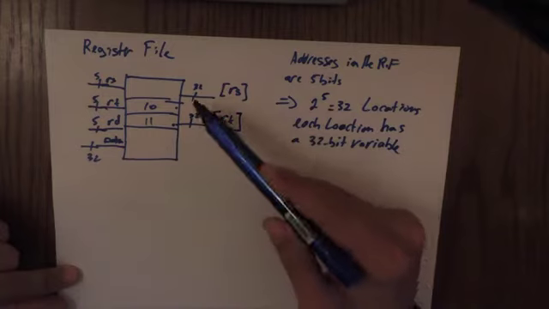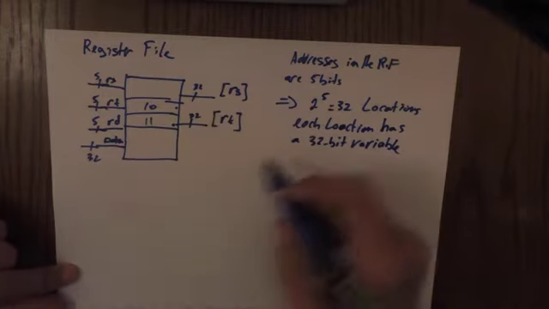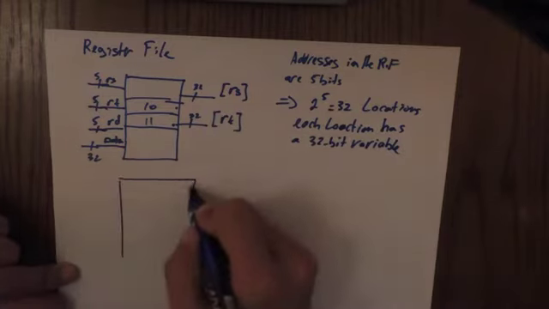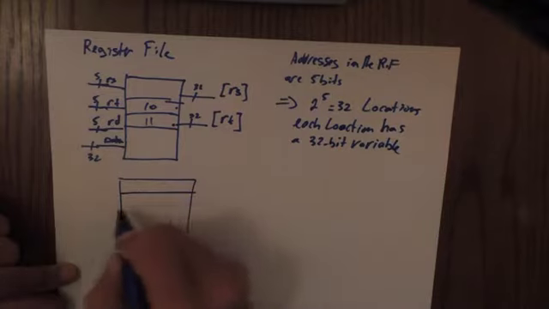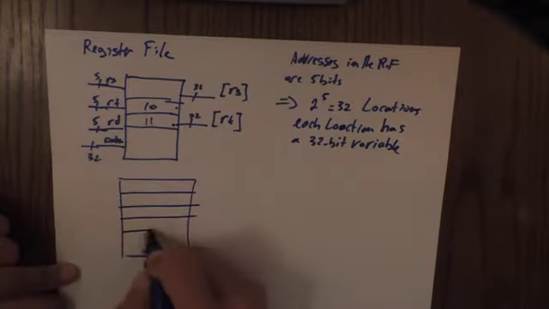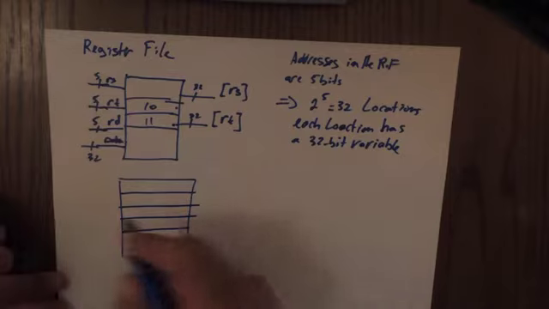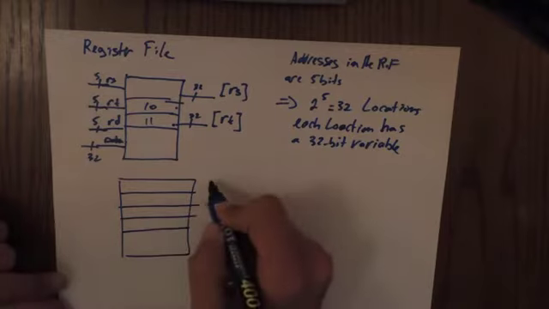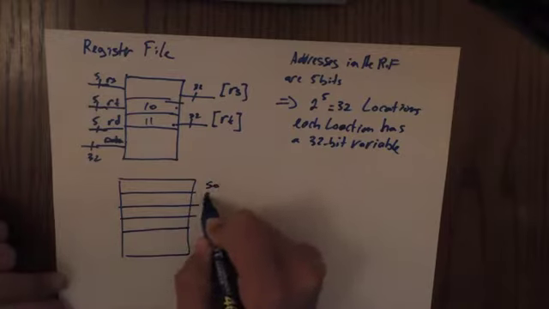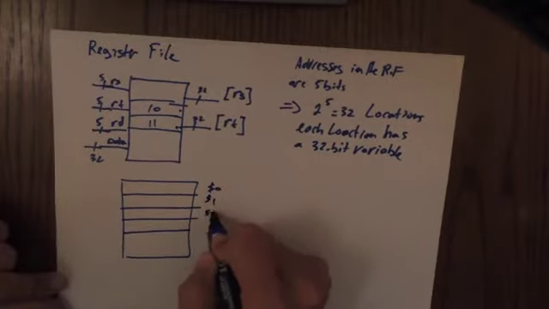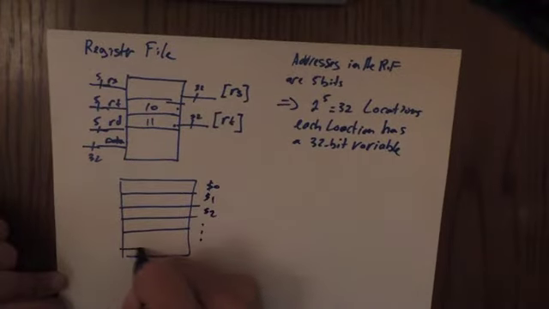Now, these registers have a way of identifying them. One way to identify them is by writing $0 or $1, $2, and so forth till $31.